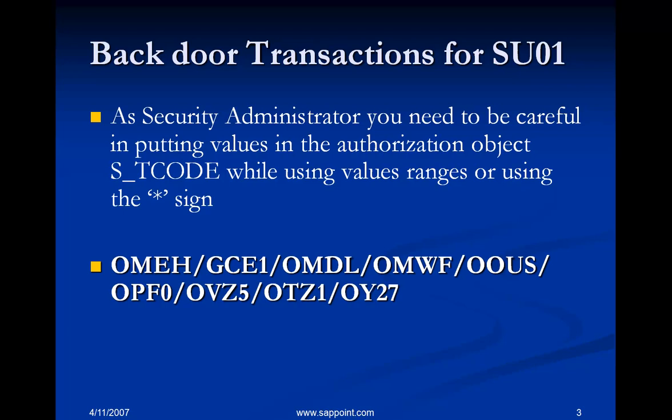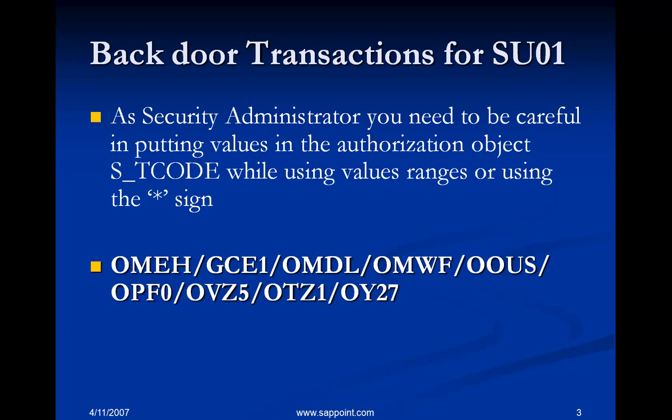Now, because S_TCODE is an authorization object, you can manually edit the values for this object by inserting S_TCODE manually into the role and then specifying whatever transaction codes you want as values for this object.